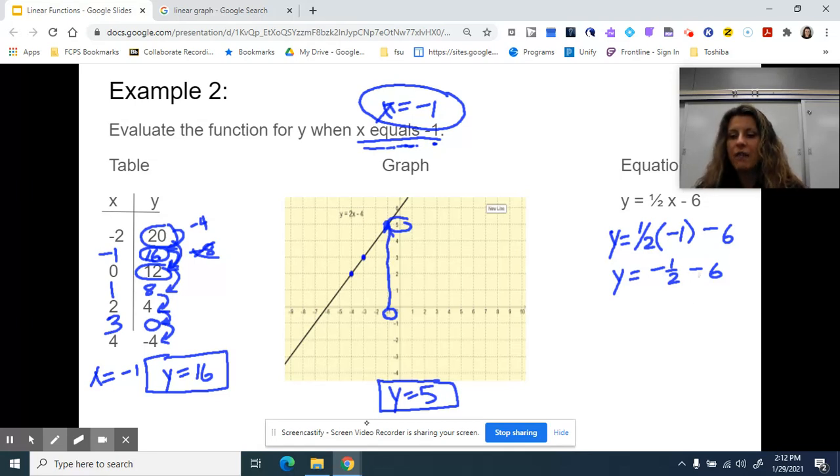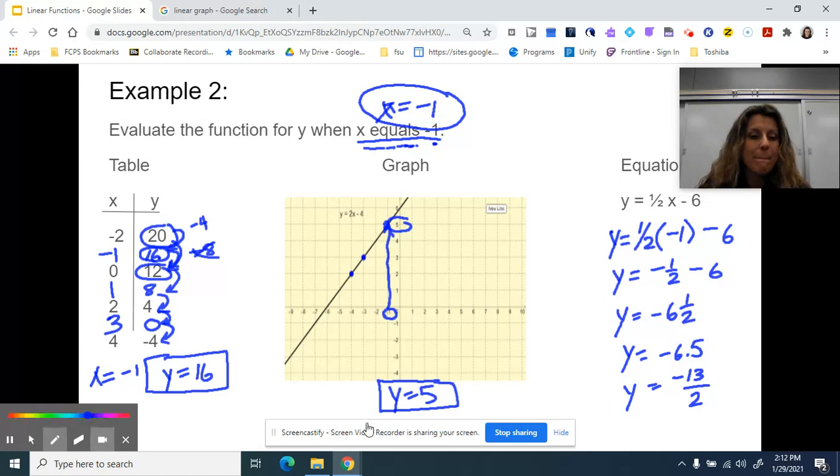So -1/2 minus 6, we could write that as -6.5 as a decimal, or as an improper fraction. -6 times 2 is -12, plus 1, so that'd be -13 halves. All 3 of those forms are equivalent, and I'll take any one of those 3 forms.